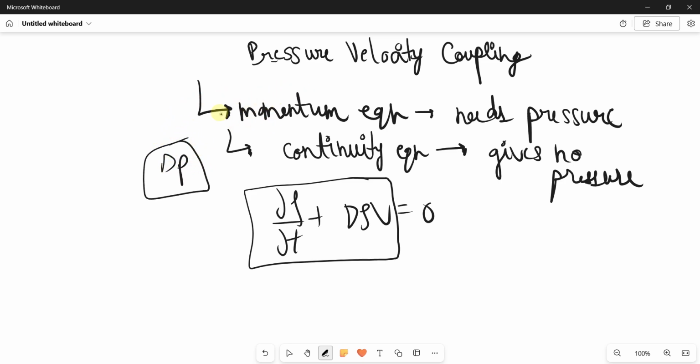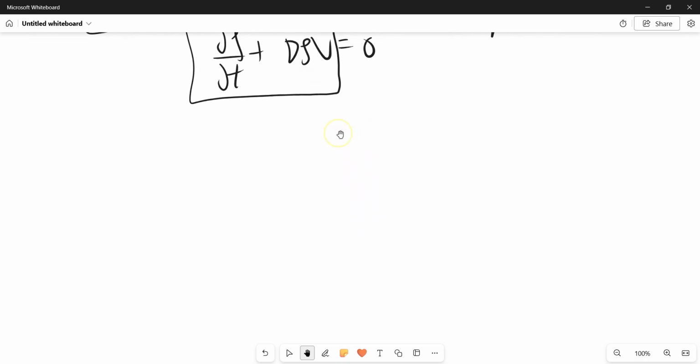So you need the pressure term in the momentum equation, but you don't get the pressure term from the continuity equation, right? That's why we need to have a coupling between both, that is the pressure and velocity. I'll explain it in a bit more detail.